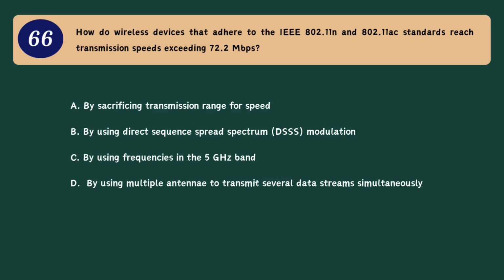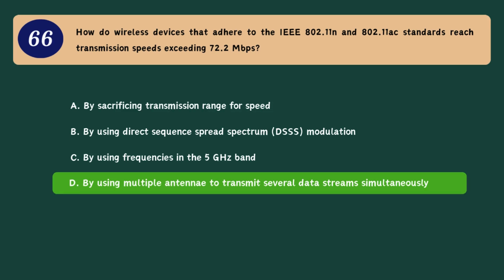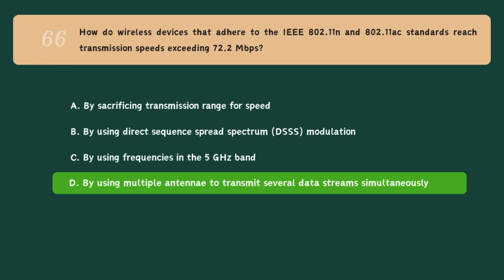C. By using frequencies in the 5 GHz band. D. By using multiple antennae to transmit several data streams simultaneously. Correct answer. D. By using multiple antennae to transmit several data streams simultaneously.